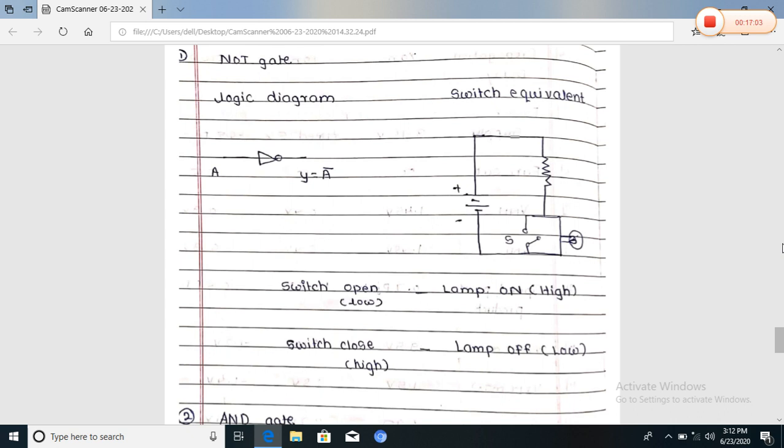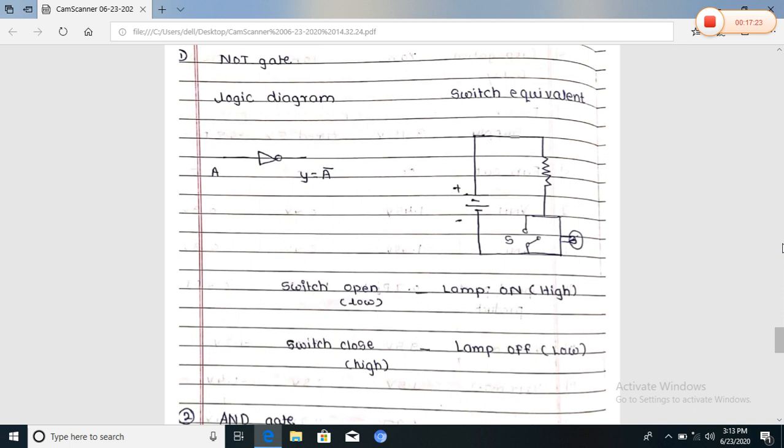That is the logic for the NOT gate. If input 0 is given to A, then the output is 1. That is complementing. Similarly, in the switching equivalent, when the switch is open, meaning off, the output is on, the LED glows.